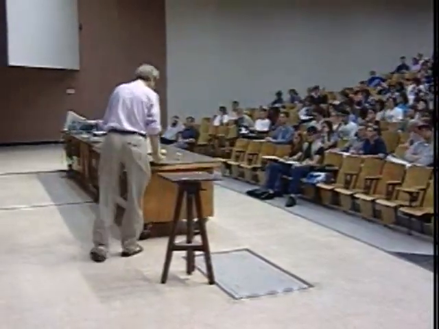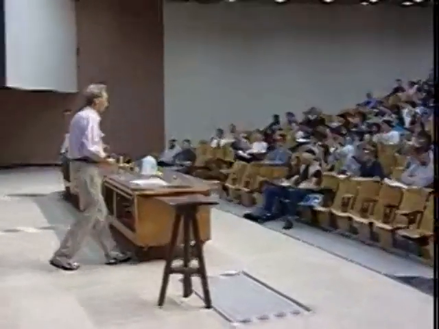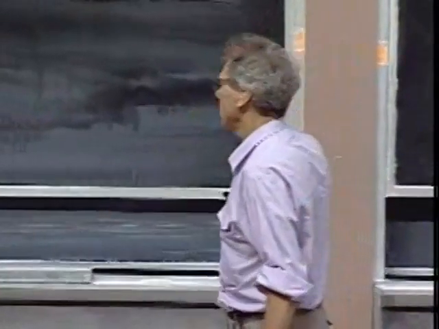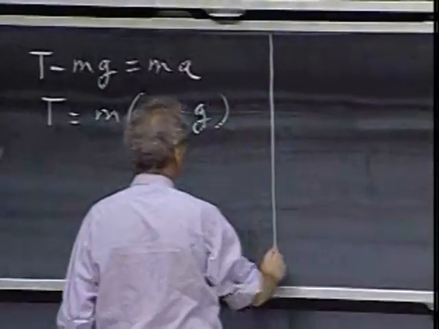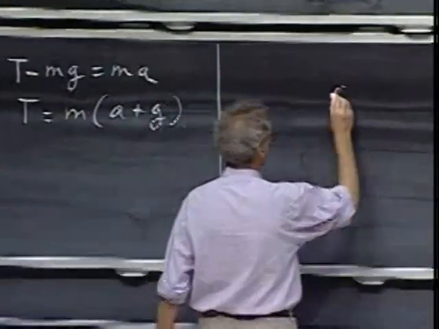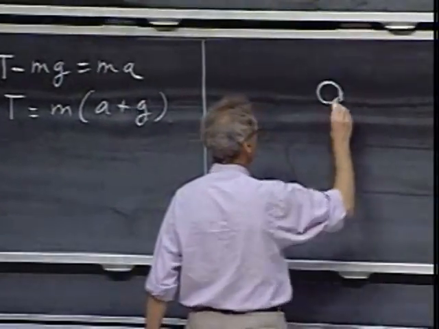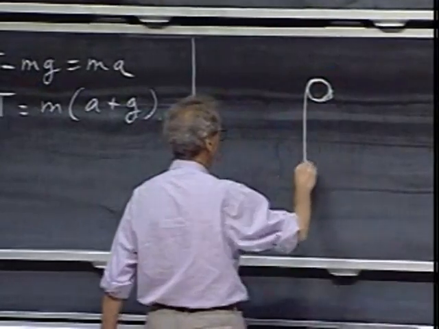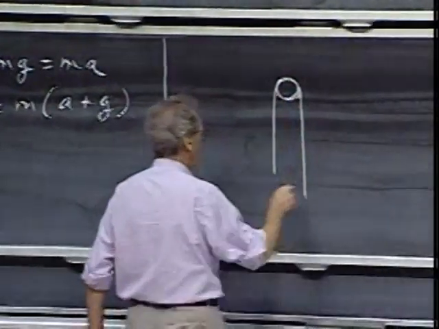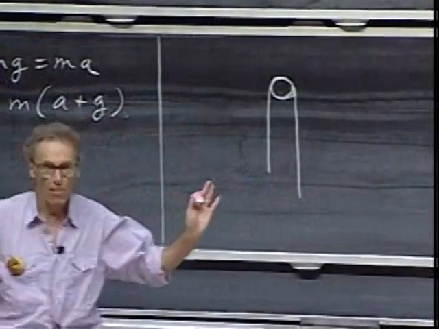If we accept the idea of weight being indicated by the tension in a string, then there is a very interesting consequence of that. I have here a pin which is completely frictionless, and I have on both sides a string, and this string has negligibly small mass.